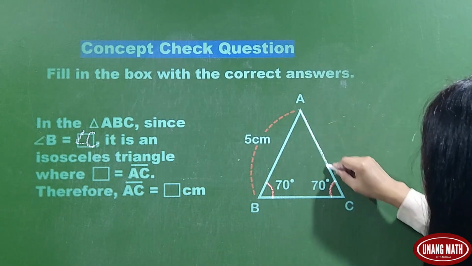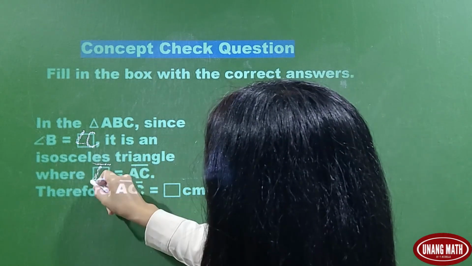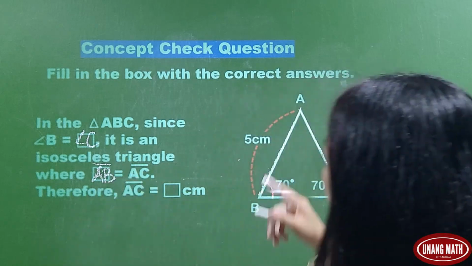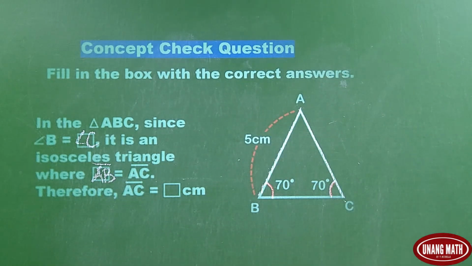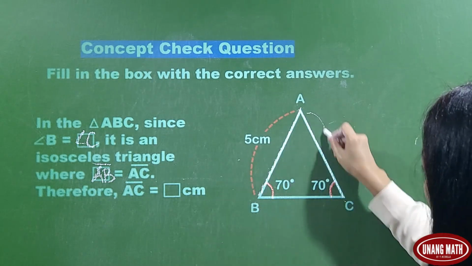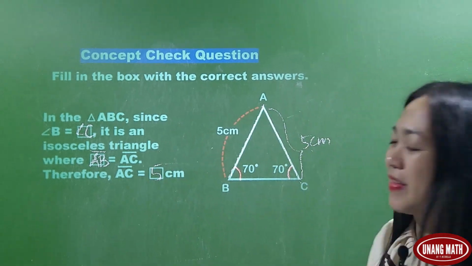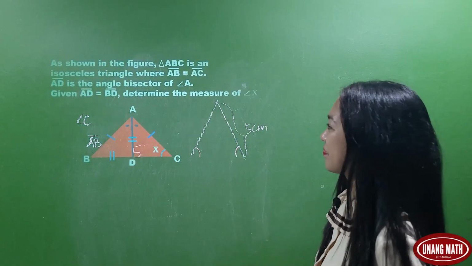So segment AC is equal to segment AB. So AB is equal to AC. Therefore, segment AC is also 5 centimeters.